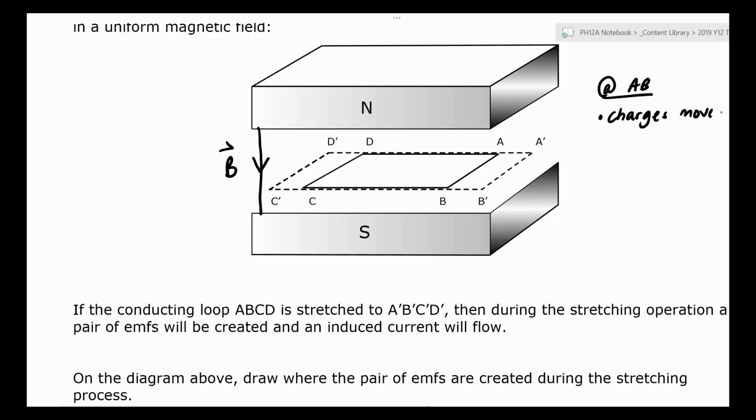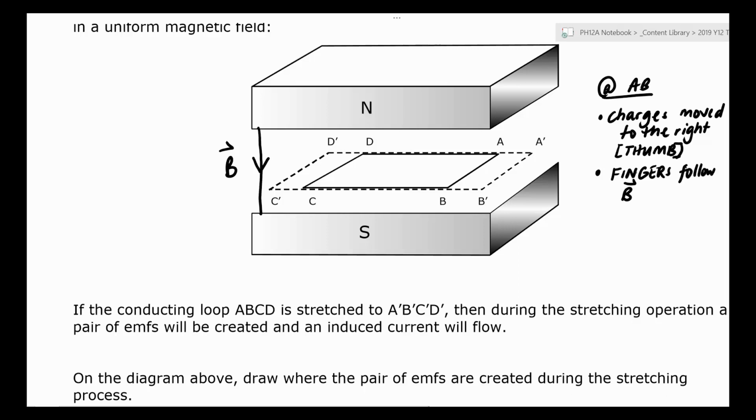And if the charges have moved to the right, we can safely say that with our right hand open palm rule, this is the direction in which our thumb should be pointing. The reason being that the charges actually moved to the right. If we point our thumb in that direction, then our fingers must follow our field lines, and our fingers are pointing down the page.